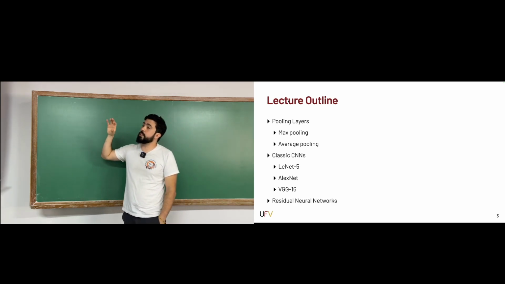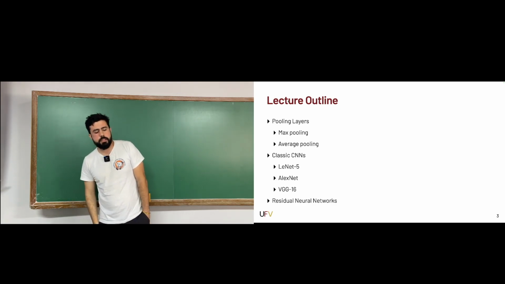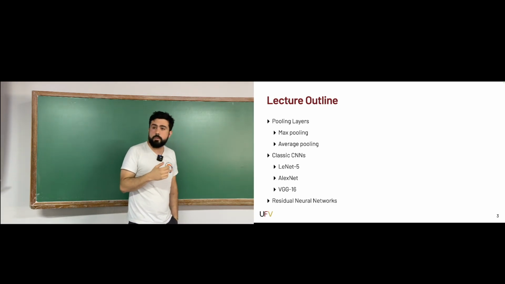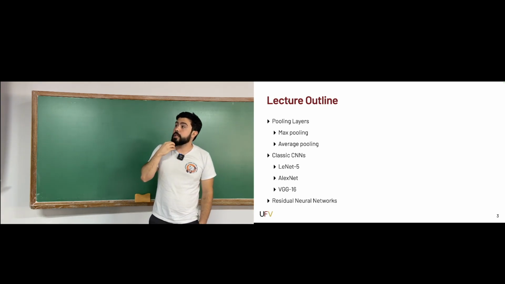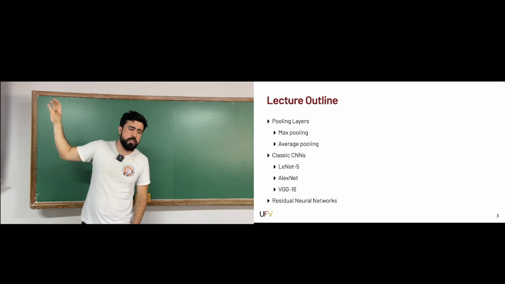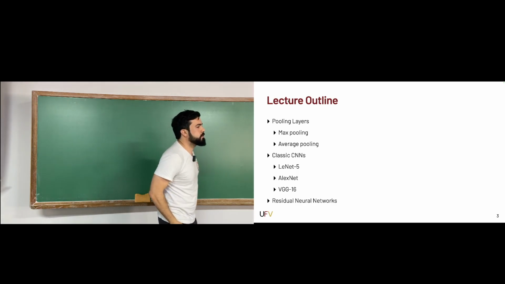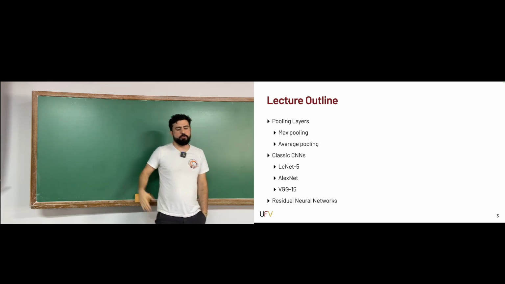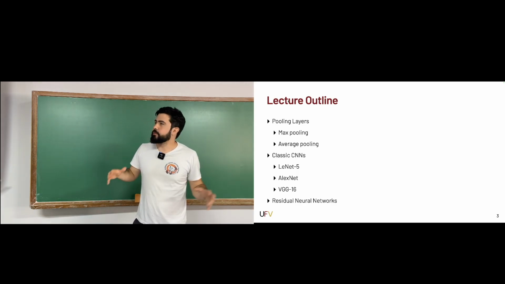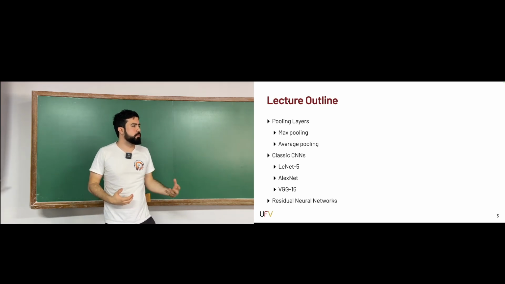We're going to see that there are 2 major ones, max pooling and average pooling. And in fact, max pooling is the one that is mostly used today. Then that finishes the tools you need to build modern CNNs. They are mostly composed of convolution layers followed by pooling layers.